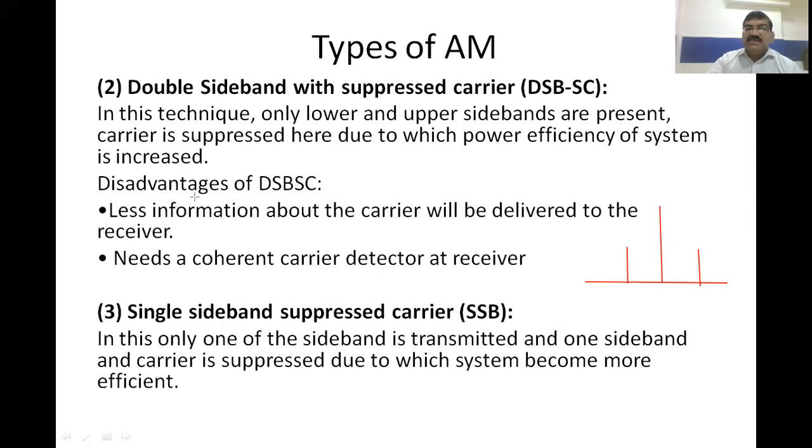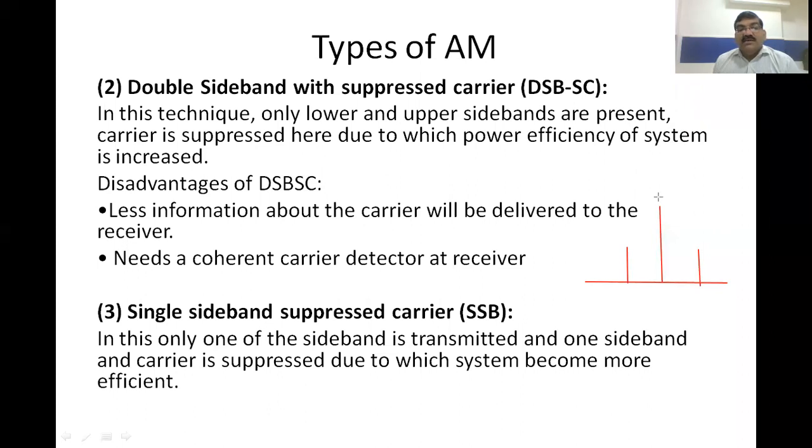Now what is the disadvantage here? Double sideband suppressed carrier: less information about the carrier will be delivered to the receiver. The center frequency signal is not there. The receiver doesn't get the carrier signal, that carrier signal is suppressed.